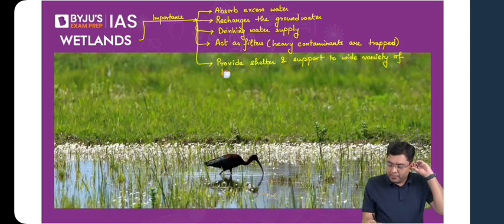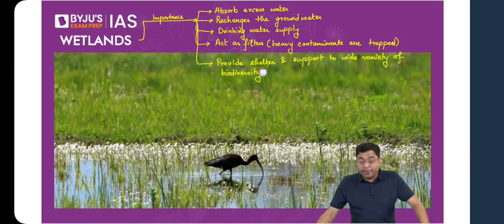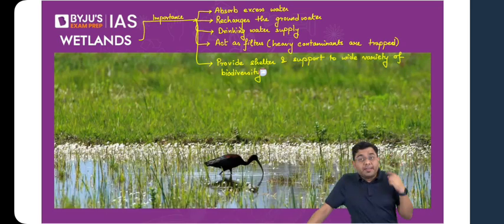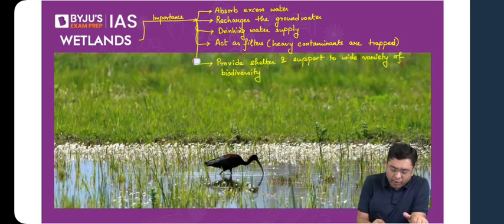Then also, in many regions, the water contained in these wetlands ends up trapping greenhouse gases like methane. Because whenever you have plant activities or decomposition activities, methane is one of the primary gases produced. These gases are trapped in that water. That is why when wetlands are lost, or when they eventually dry out, all that methane is supplied into the atmosphere, and you have greenhouse effect or global warming. So wetlands trap gases like methane.